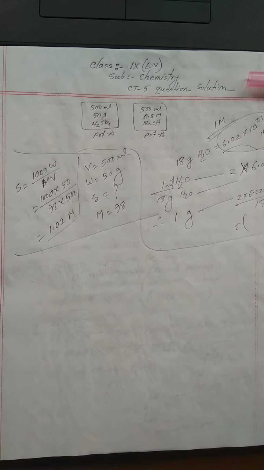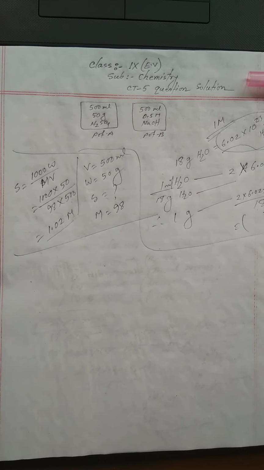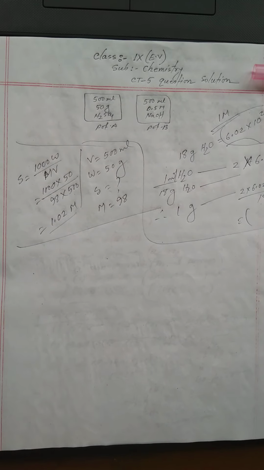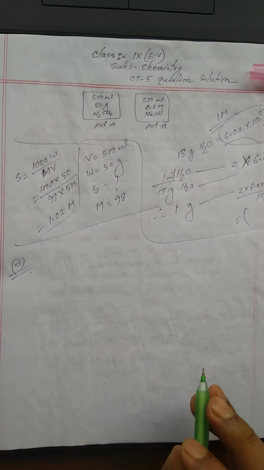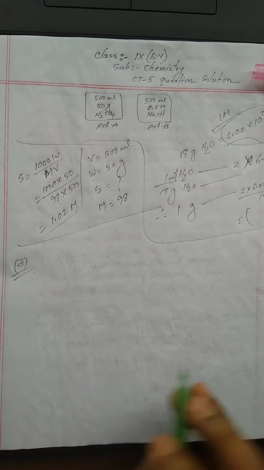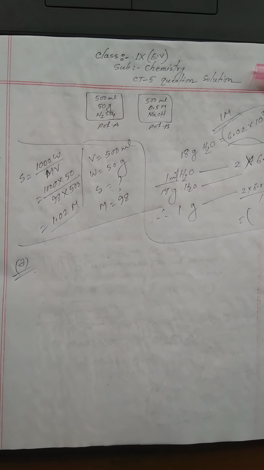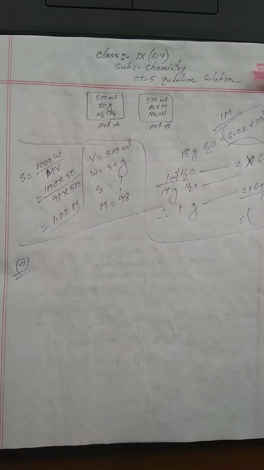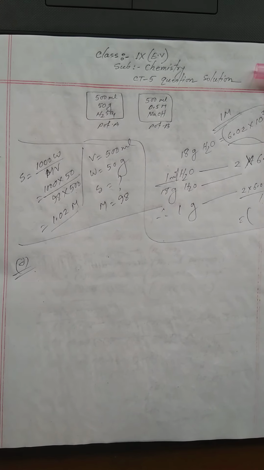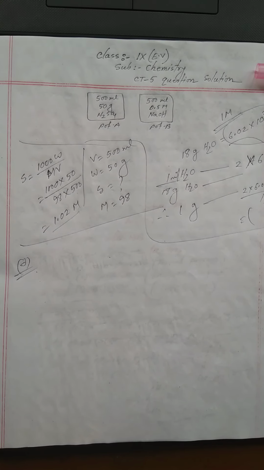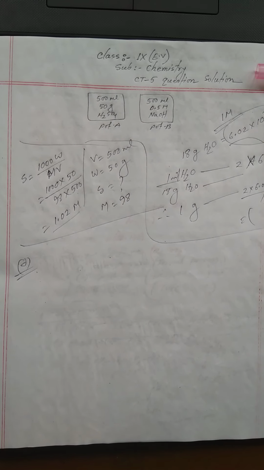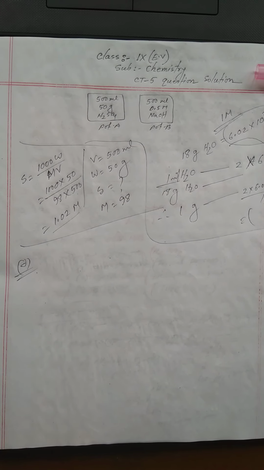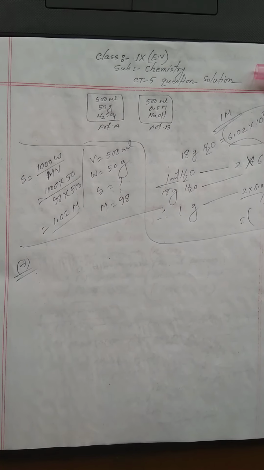Next question, number D: what will be the limiting reactant if the solutions of pot A and pot B are mixed together? To calculate the limiting reactant, first we have to calculate the amount of solute in both pots. In pot A the amount of solute is given, but in pot B it is not given.